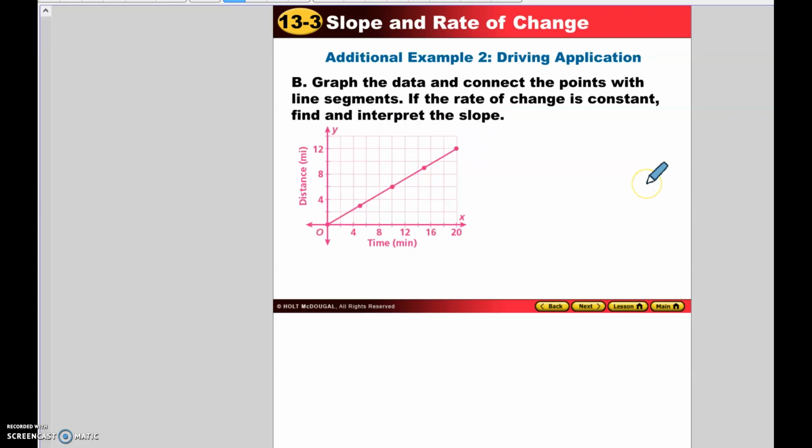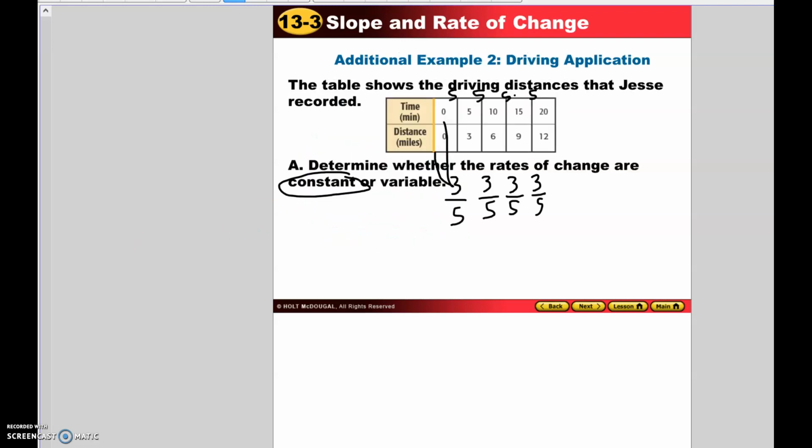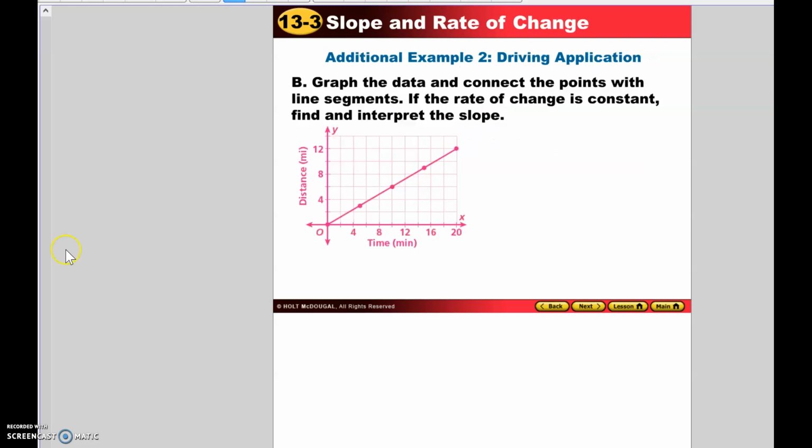Okay, now what we're going to do is graph this and connect the points. It's going to be constant, so it'll be straight. So you're going to make a y-axis and an x-axis, and what you're going to do is graph the points. So they decided to skip count by 2's here on the x-axis and the y-axis, and they plotted the points. So we would plot the point 0, 0, which is right here.